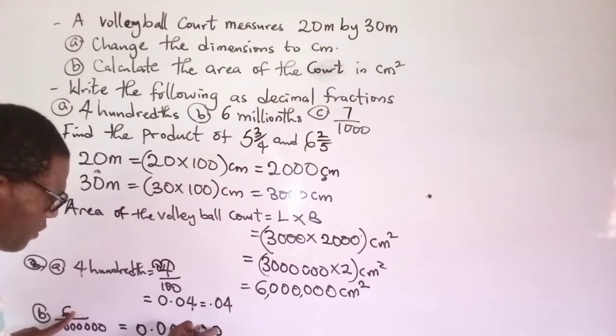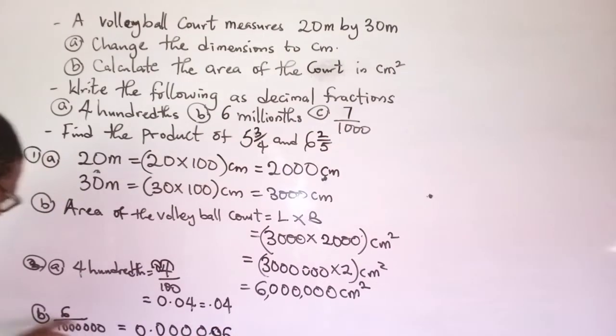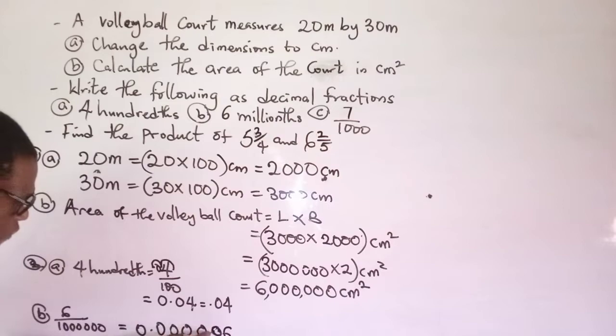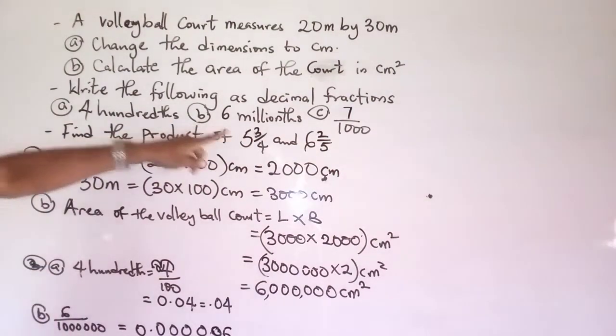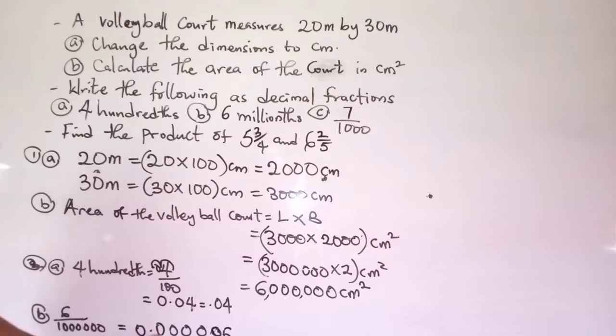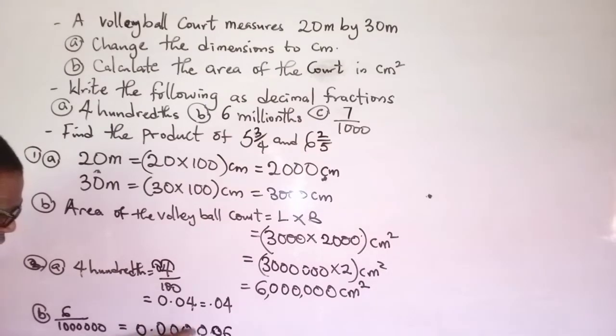That will give us the same thing as 6 over 1 million. So the value will give us 0.000006. If you move it this way, 1, 2, 3, 4, 5, 6, it will be equivalent to this 1 million. Is that clear?